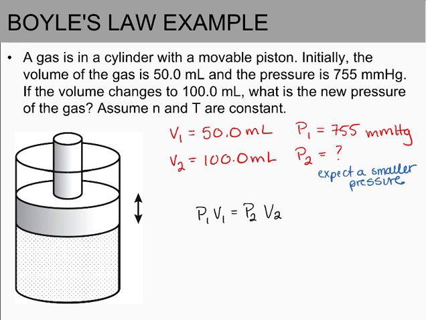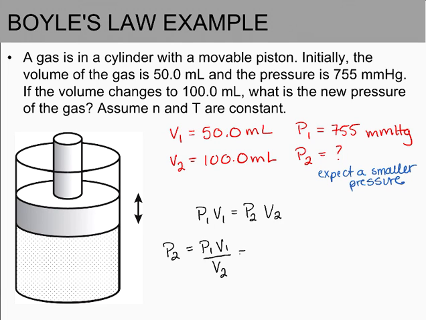So if we do that, we're trying to isolate P2 and solve for that. So that will equal P1 times V1 over V2. So we're just dividing both sides by V2 and we'll get that resulting equation.